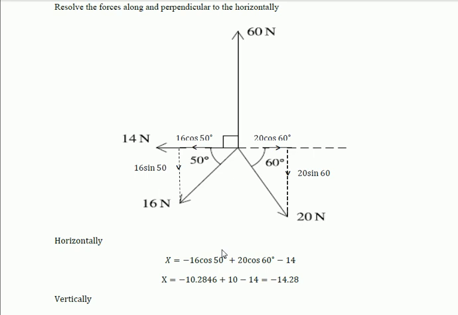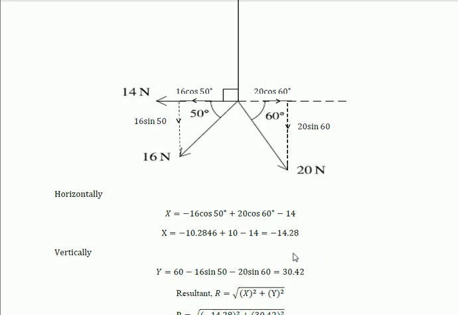After this, 20 cos 60 along the horizontal is in the positive direction, so we write plus 20 cos 60. The last one in the horizontal direction is the 14 Newton force, which is in the negative direction, so we write minus 14. After simplification, we get x equal to minus 14.28.